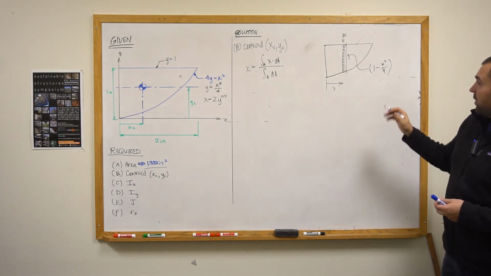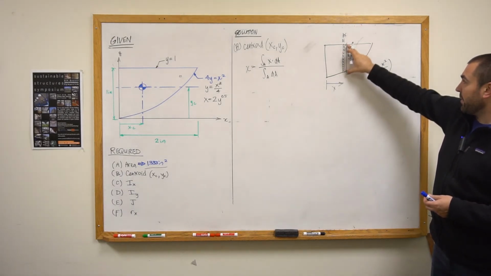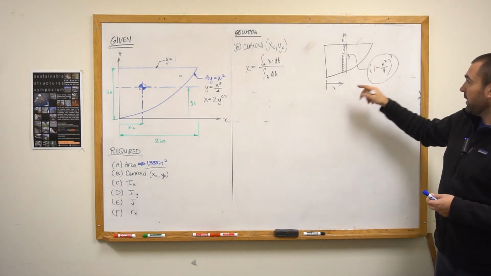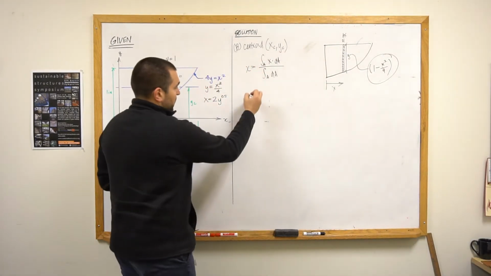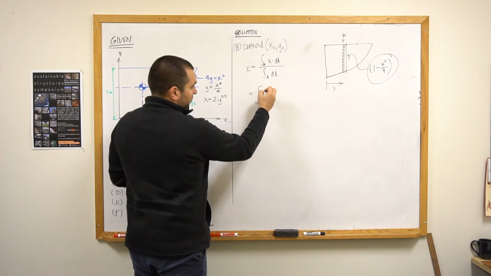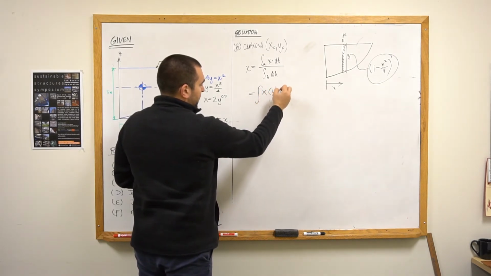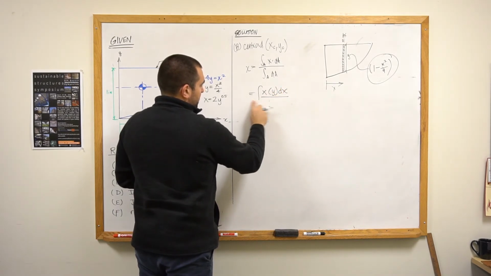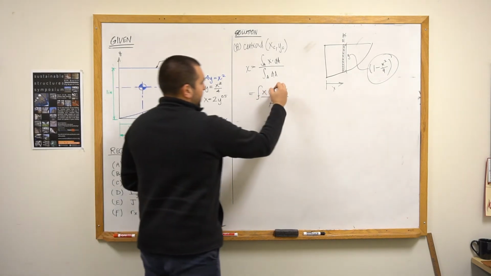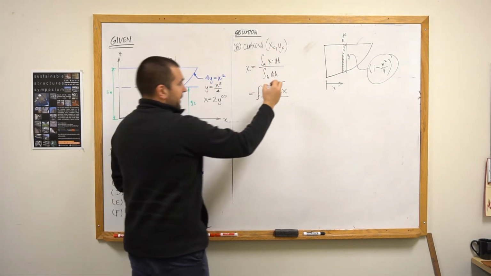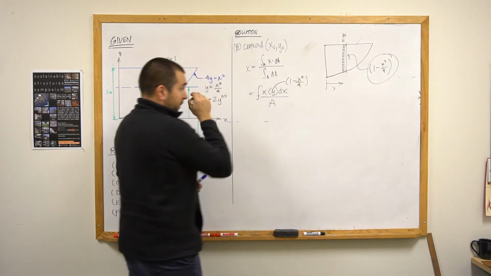So all we have to do is take this area, which is dx times y, which is this function, and multiply it times x. To make that as explicit as possible, I'm talking about an integral of x times y dx divided by the total area. We happen to calculate that height as 1 minus x squared divided by 4.